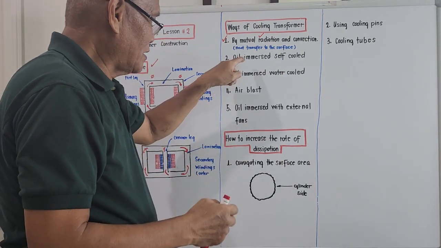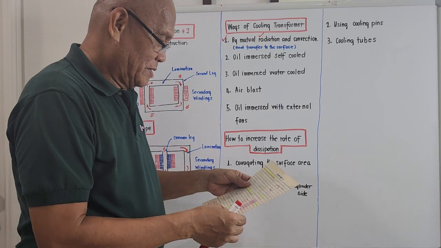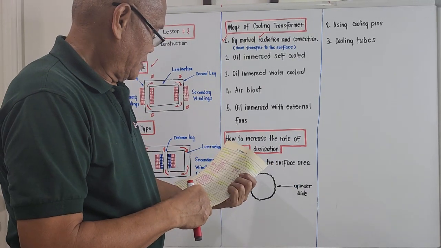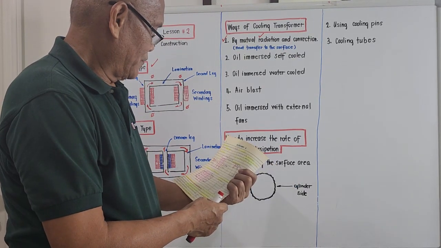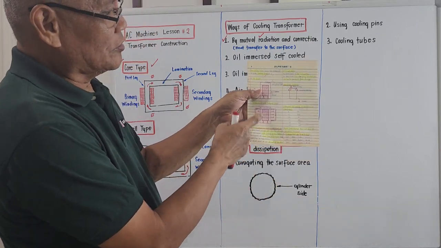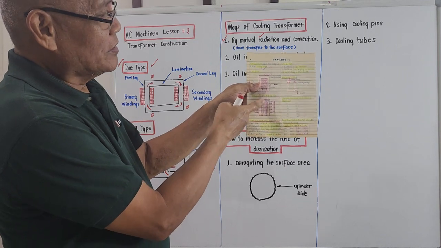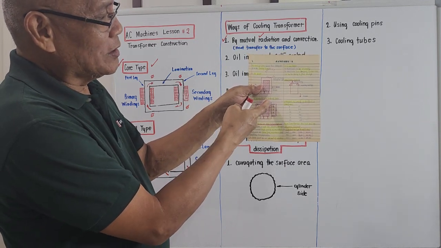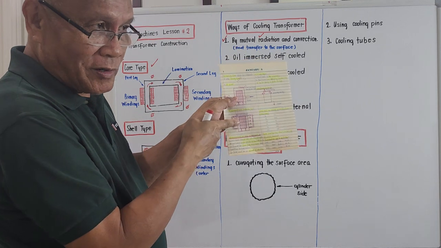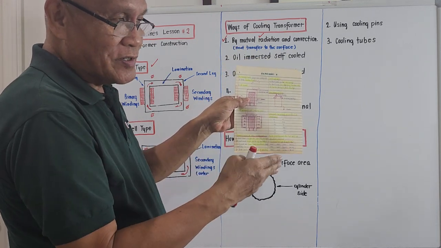Oil immersed is something like this. This is just a transformer, front view. The windings are inside. It's filled with oil. So they are oil immersed.